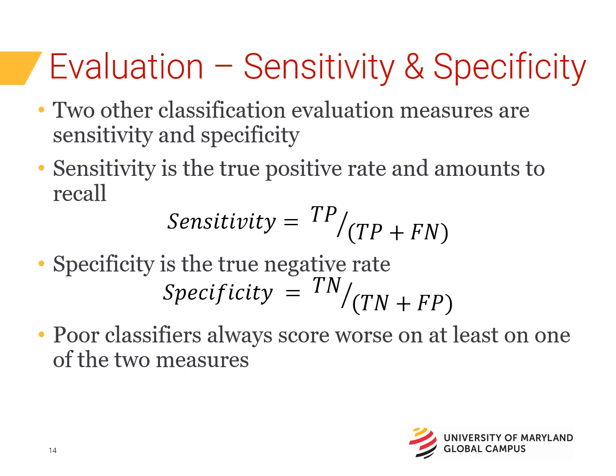On the other hand, specificity, also known as the true negative rate, focuses on the classifier's ability to correctly identify negative instances. It measures the proportion of actual negative instances that are correctly predicted as negative by the classifier.